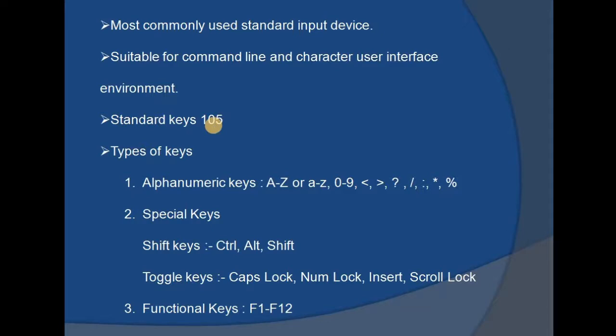It slightly varies from one keyboard to another, but most standard keyboards have 105 keys. The first type of keys is alphanumeric. This includes the letters of the English alphabet, capital A to Z and small a to z, the digits from 0 to 9, and special characters or symbols like less than, greater than, star, comma and semicolon. All this comes under the category of alphanumeric.